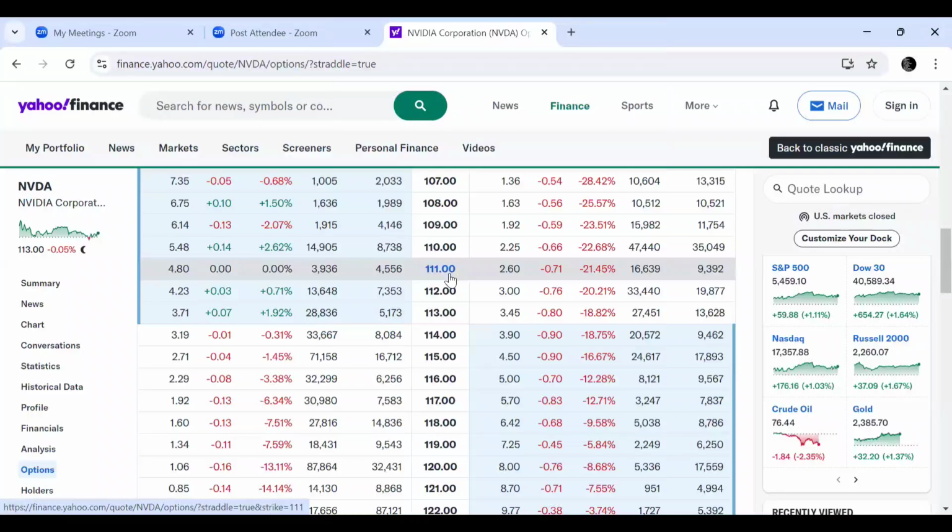Here is how he uses options to hedge his position. He buys 10,000 put contracts, each representing 100 shares, to protect against a potential decline in NVIDIA's stock price by paying a certain premium. If the stock price falls, the value of his options increases, offsetting the loss on his shares. So in conclusion, even though NVIDIA rises or falls, Dhananjay will get benefited.